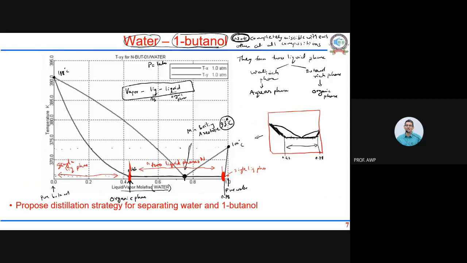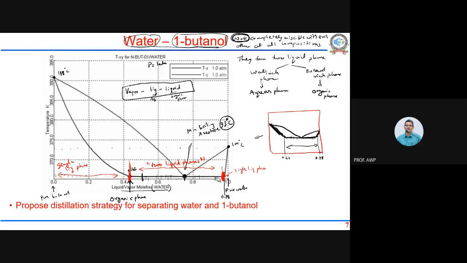Do you disagree? Agree? Somebody say something. Yes, sir, I agree, because it is splitting into two phases. So depending on the composition, only the relative amounts of the two phases would be different. If the composition is here, I will have more of the butanol phase, less of the water phase. If I have composition like this, I will have more of the water phase, less of the butanol phase.